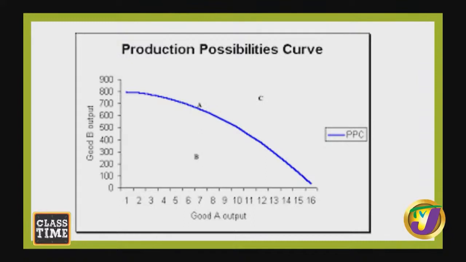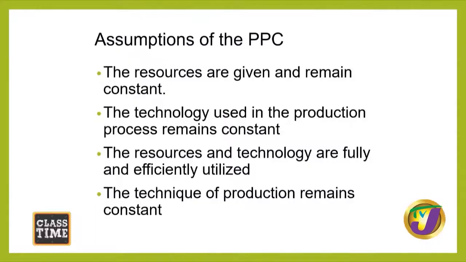So just for you to understand, there are some basic assumptions of the production possibility curve. The first assumption is that the resources are given and they remain constant. So for that particular period of time, whatever resources are available in the economy, that is it. The technology that is used in production is also constant. All right?